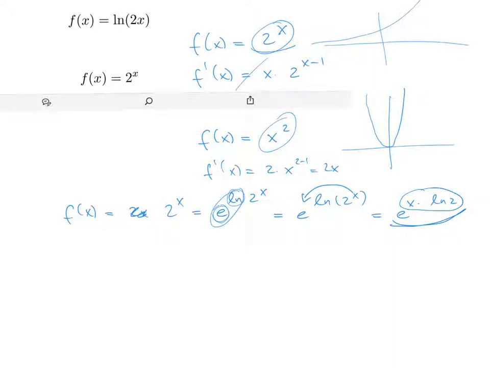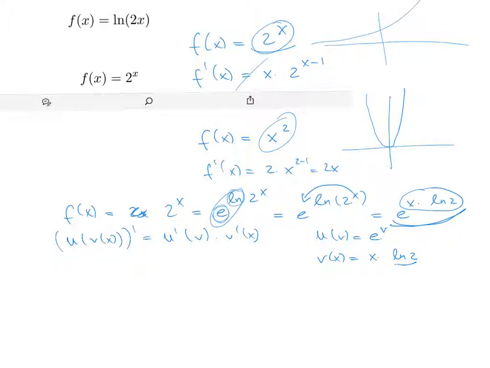So I can read this as a function of a function, u of v of x, and apply the chain rule. The derivative is u dash of v times v dash of x. In our case, the outer function u of v is e to the power of v, and the inner function is x times logarithm of 2. Logarithm of 2 is just a number.